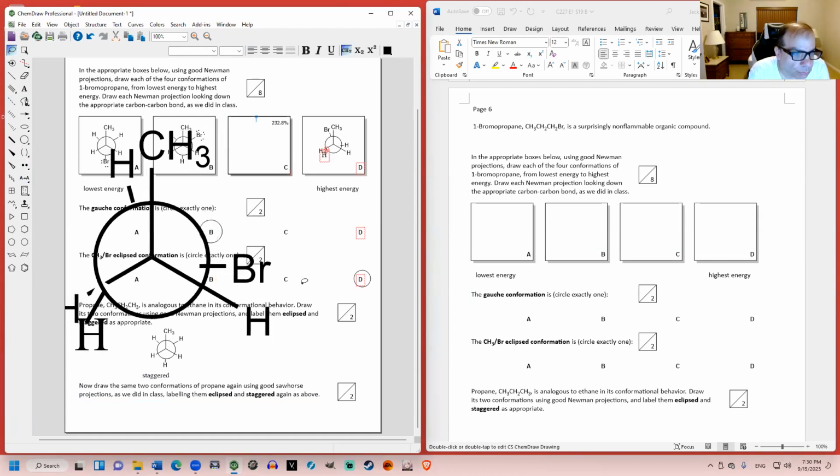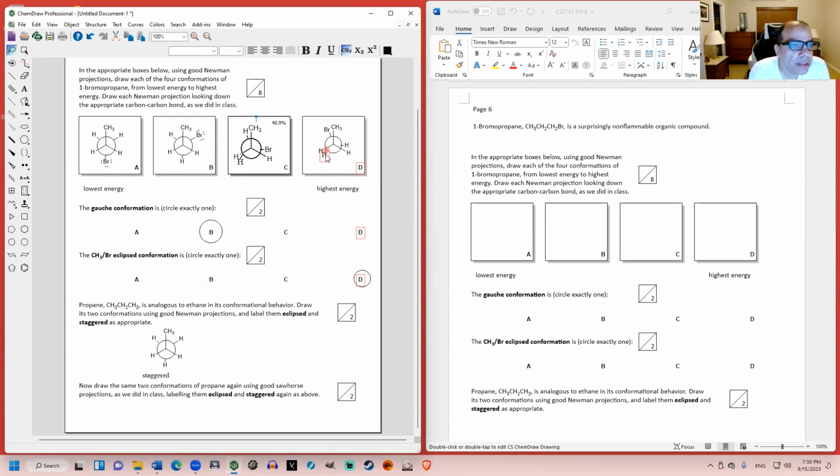And I'll take, what have I done? Let's undo. And all we need to get the eclipsed conformation of propane is change the bromine to a hydrogen.